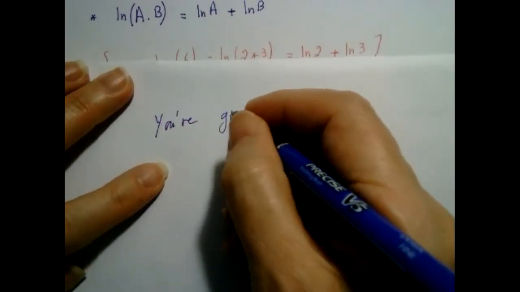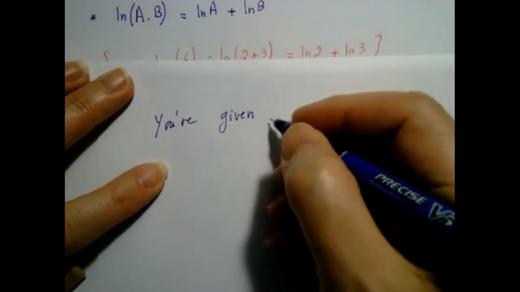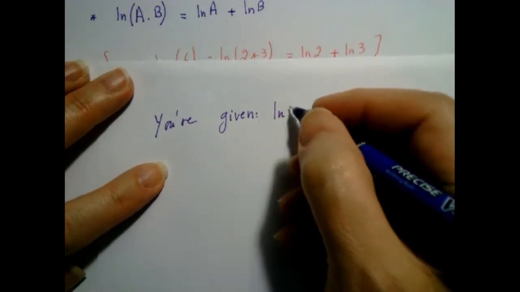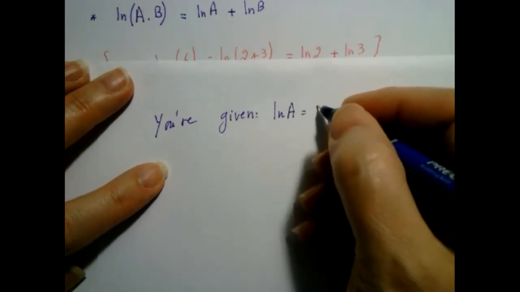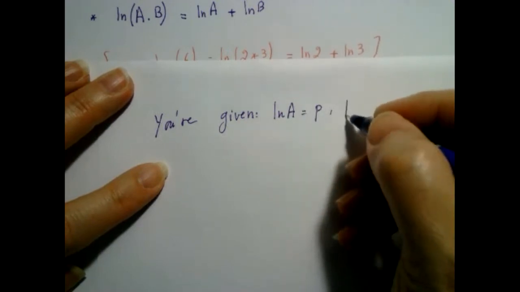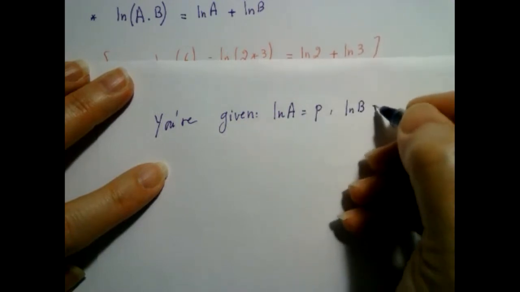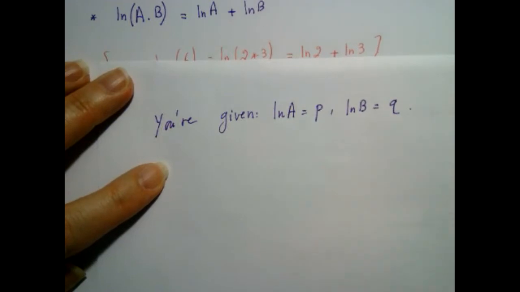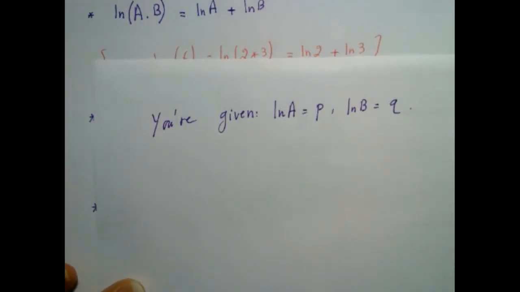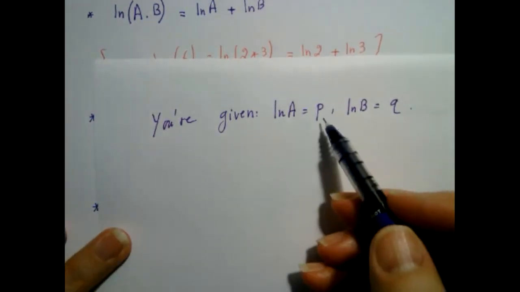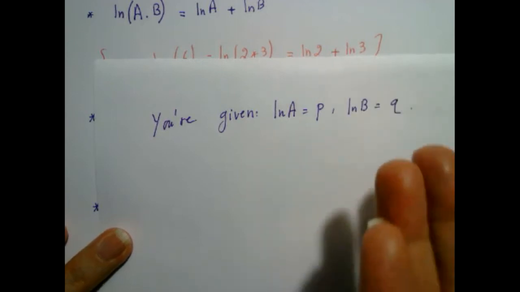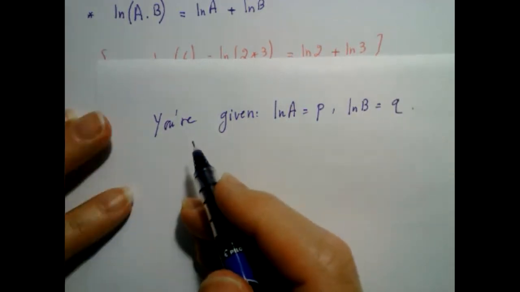Practice problem. Suppose you are given the following. You have two numbers a and b, and I'm telling you that ln of a is a number p, and ln of b is q. We don't know what a and b are, but ln of a is p and ln of b is q. I can give you numbers, but I don't think we need that necessarily.